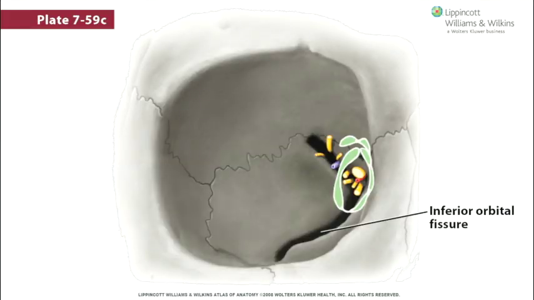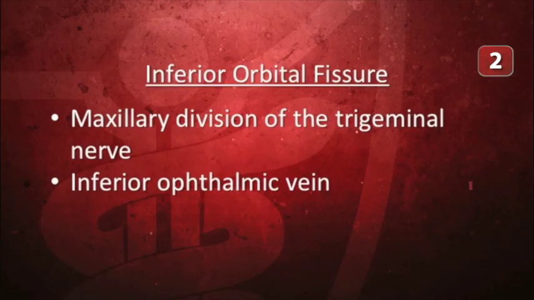The inferior orbital fissure and the superior orbital fissure are continuous with each other, forming a boomerang shape whose apex points medially. The maxillary division of the trigeminal nerve and the inferior ophthalmic vein pass through the inferior orbital fissure.